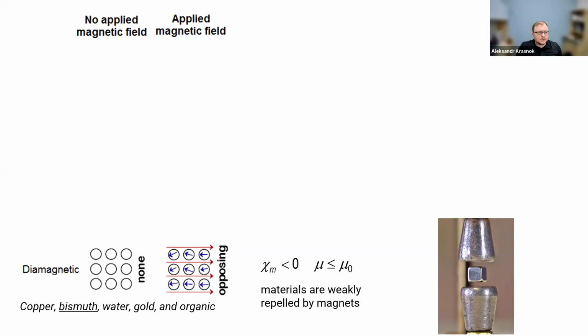Probably some of you saw these nice experiments with superconducting coils, or at least magnets levitating over superconducting bodies. This effect is much weaker and doesn't have anything in common with superconductivity.